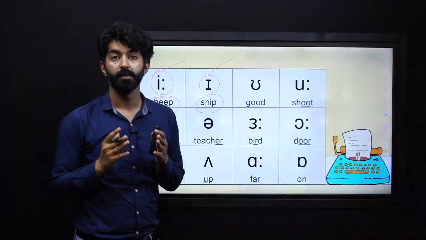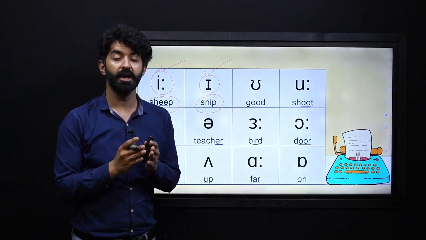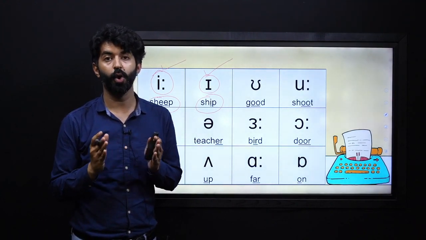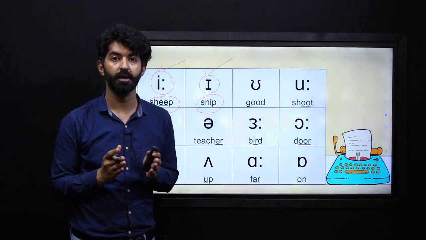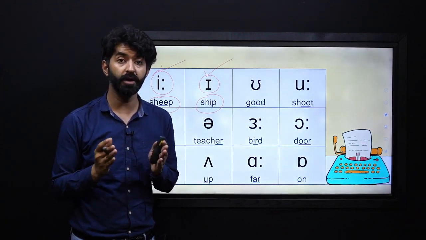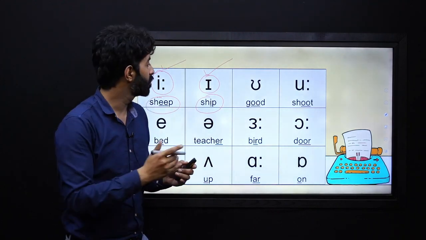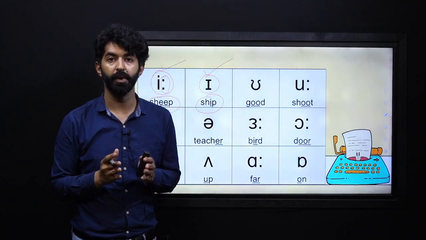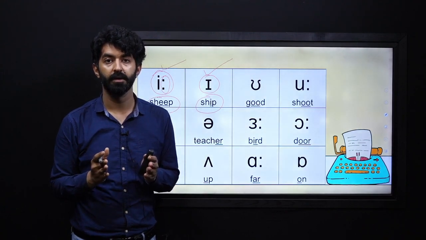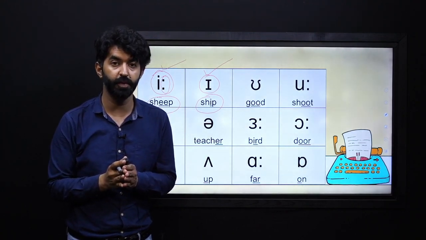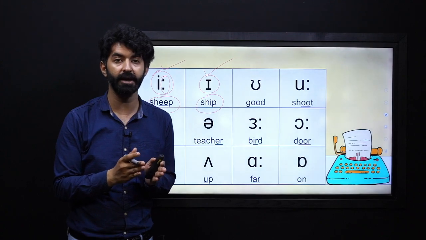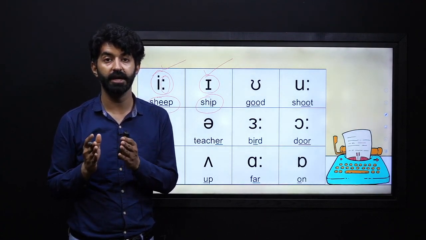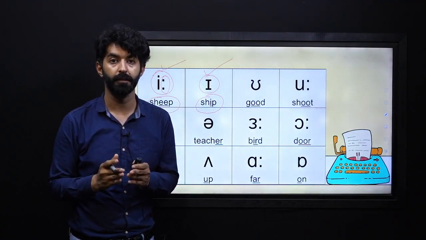So, my dear learners, with a shorter vowel, you do not find any colon mentioned. But with a longer vowel, you can see that colons are mentioned with the symbol or the key. So this is the difference between a shorter vowel and a longer vowel's symbol.